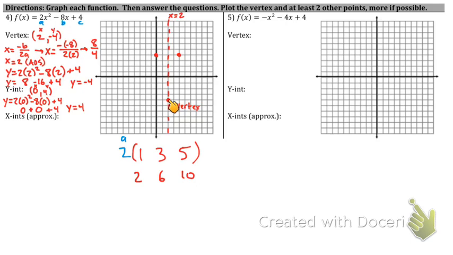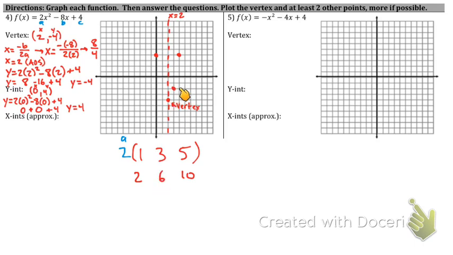So starting at the vertex, go over 1, and then this says after I go over 1, since it's positive 2, I'm going to go up 2. Over 1, up 2, put a dot. The next one says, from this new dot, go over 1 again, always going over to the right one, and now we're going to go up positive 6.